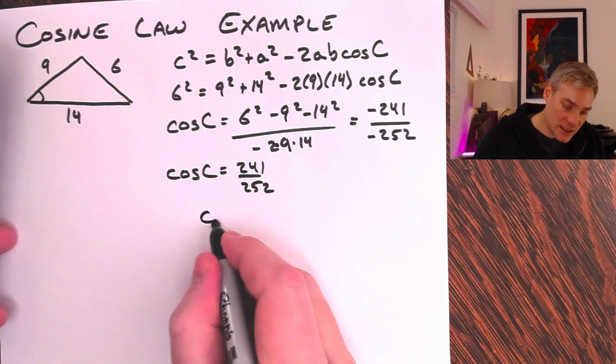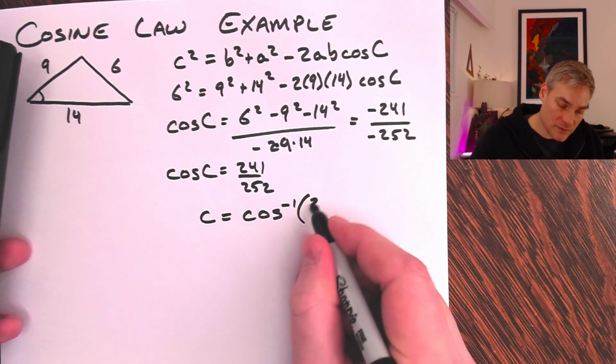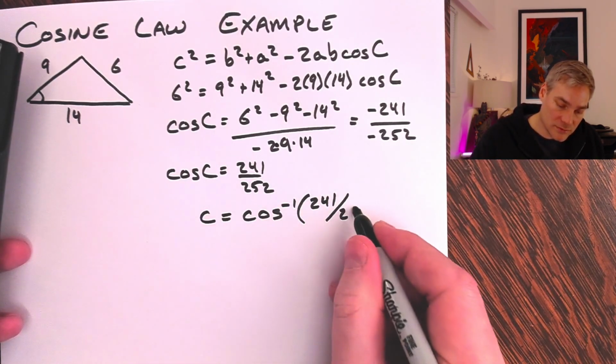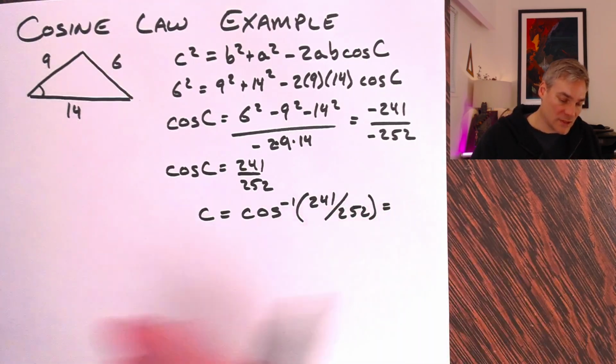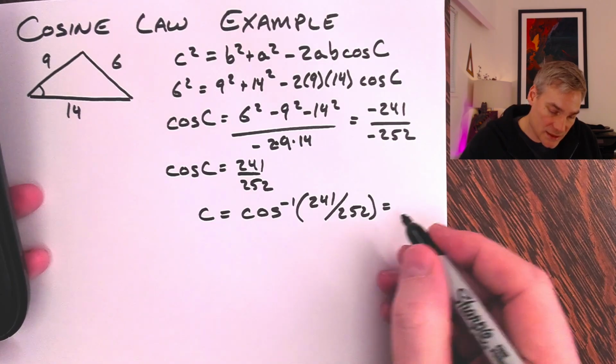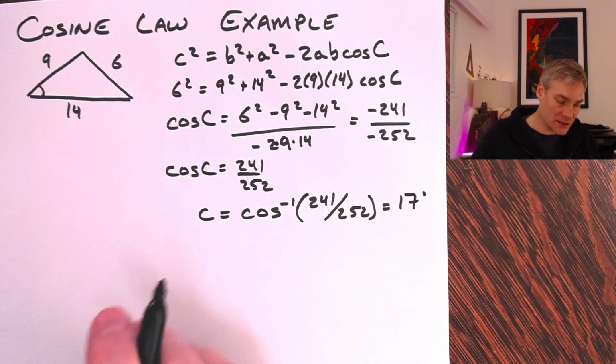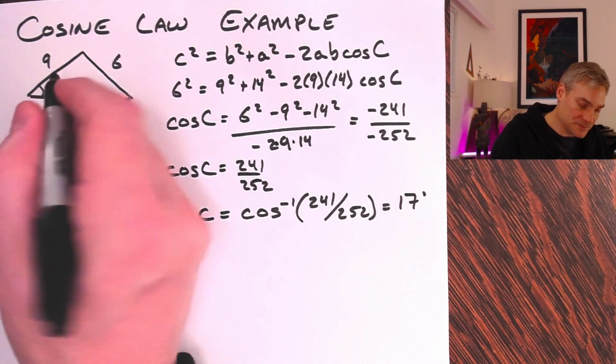So my angle C is the arccos of that. So we do that, we take the arccos of 241 divided by 252, and we get, let's say, 17 degrees. It's just ever so slightly under. Okay, so we know that this is 17.